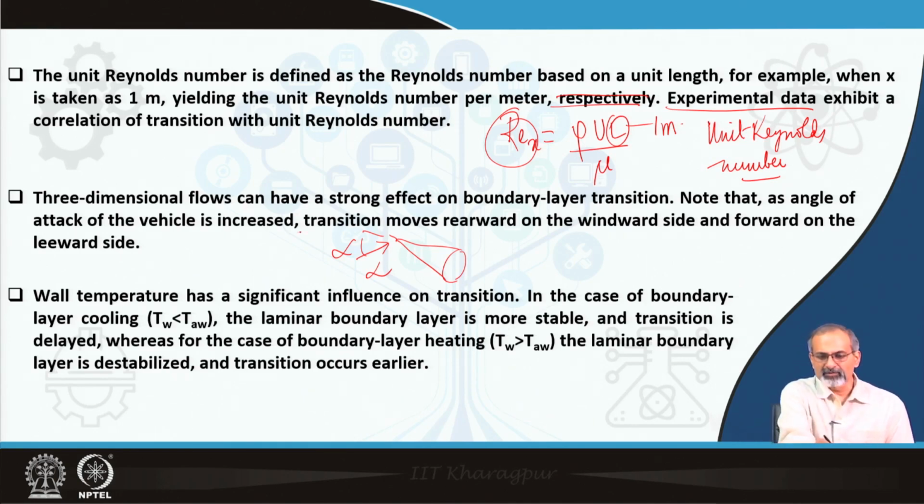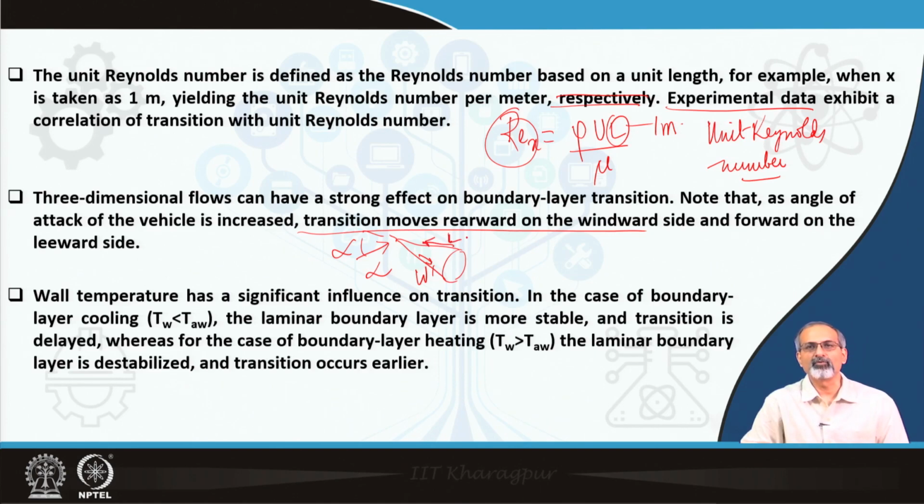The transition moves rearward on the windward side. So, if this is the windward side of the body, the transition point will move further rearward, and at the same time on the leeward surface of the body it will move towards the leading edge. So, that is the point we are trying to make here.